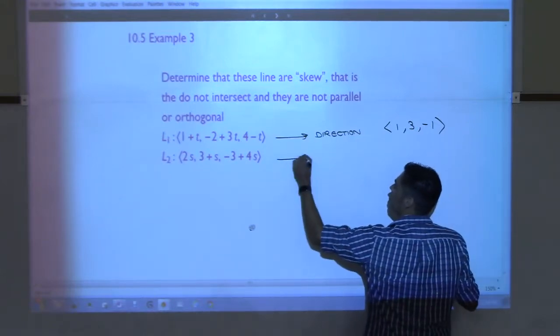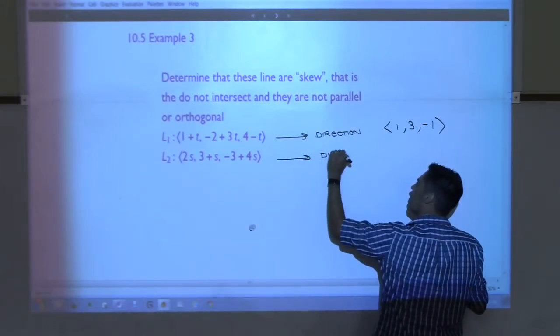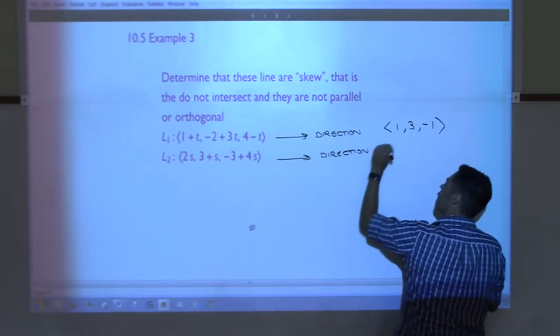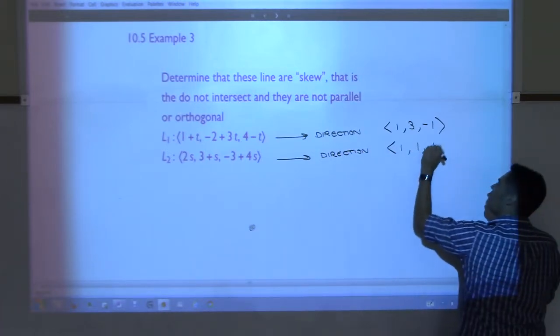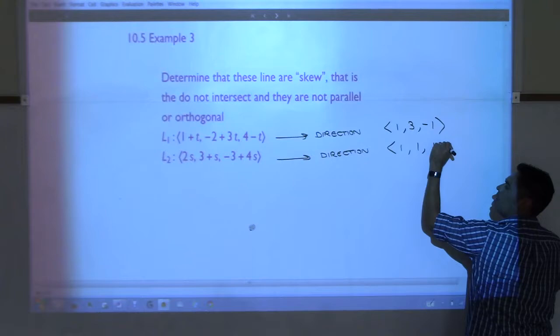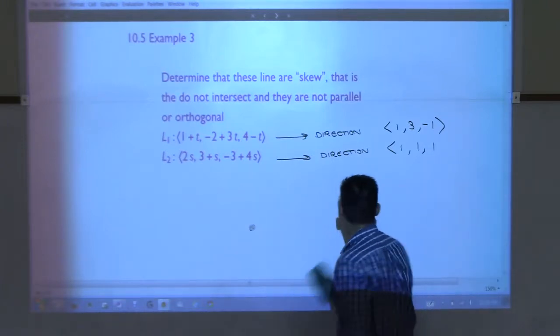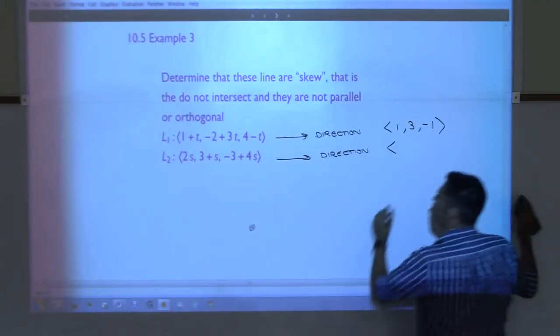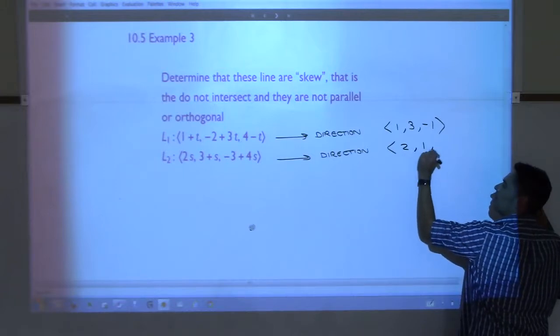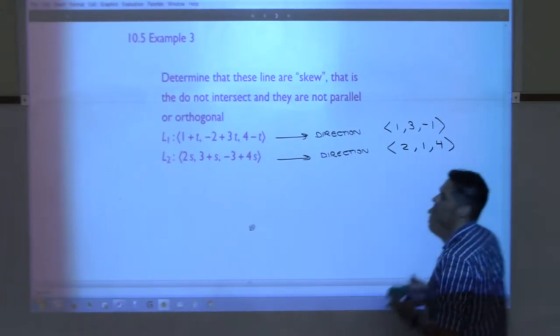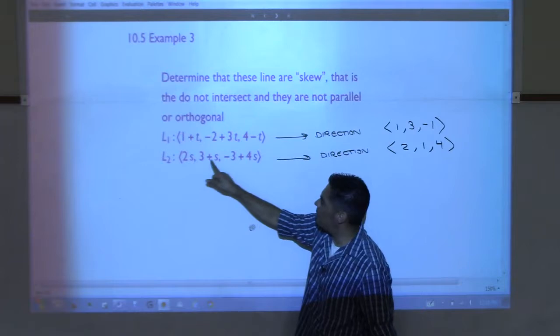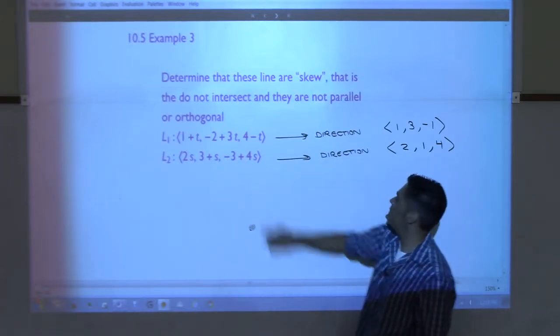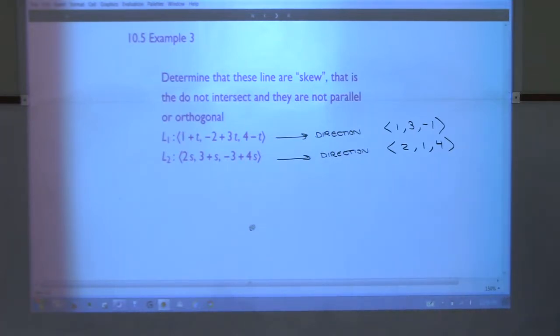What's the direction vector of this line? 2, 1, 4. So coefficient of the variable, coefficient of the variable, coefficient of the variable. Those are our directions. Now let's dot them.